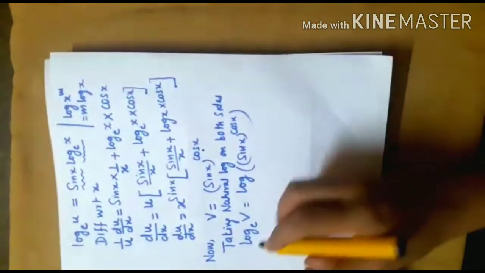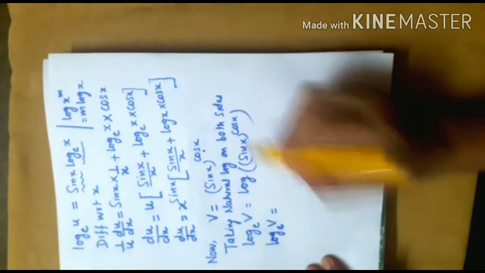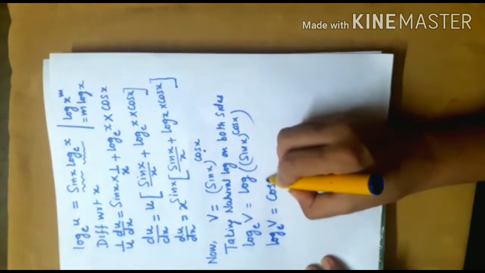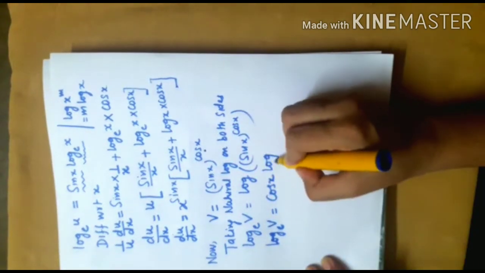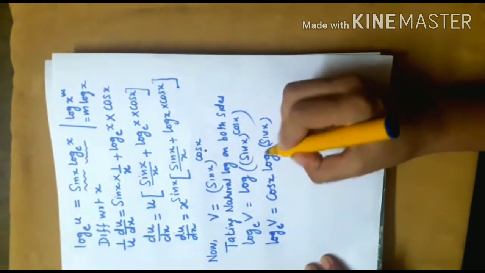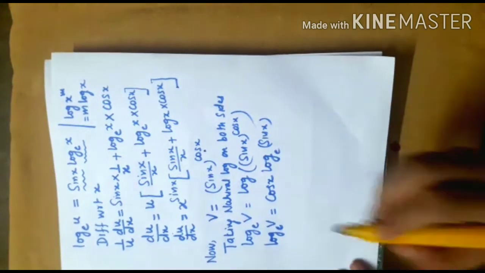Now, this is log v to the base e. Again, by using the property of logarithm, this power cos x will come here, and it is cos x into log sin x, and it is log to the base e.